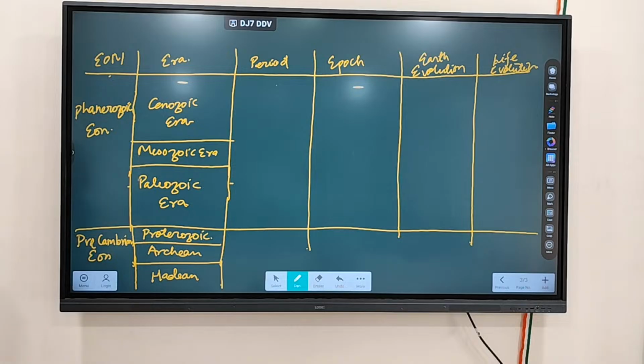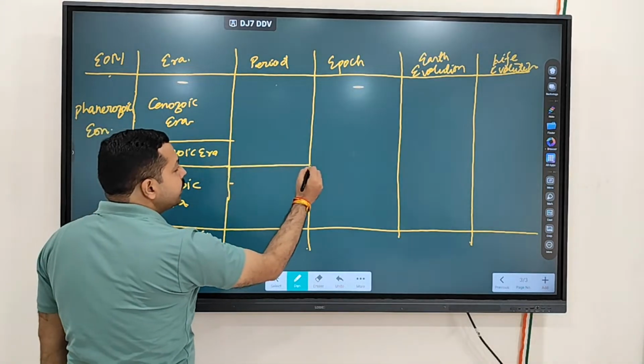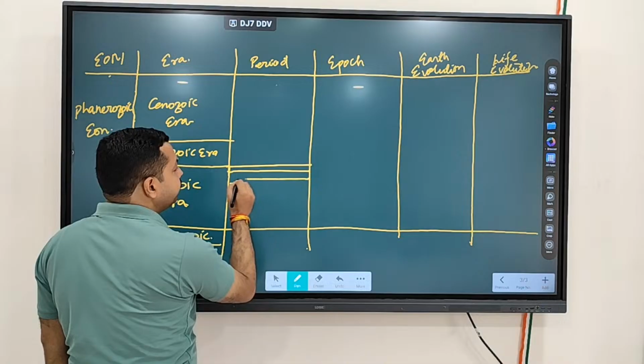Then Paleozoic is further divided into 6.